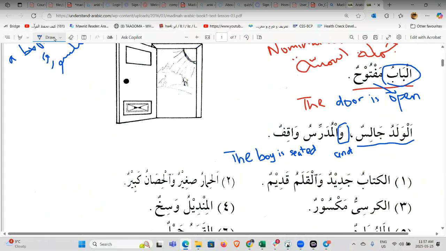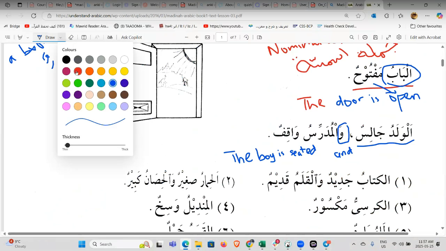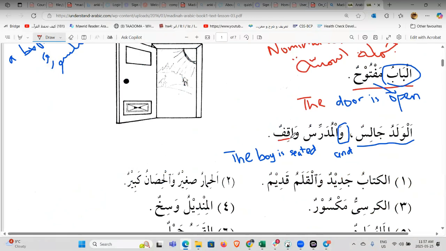And then we have the second part of the sentence, which is al-mudarrisu waqifun. And the teacher is standing. The teacher, al-mudarrisu, is standing.